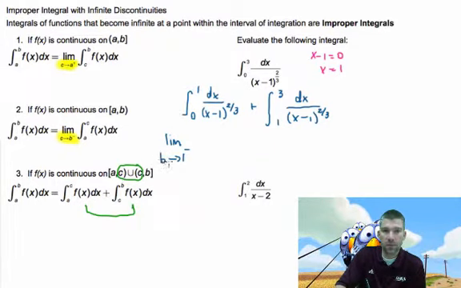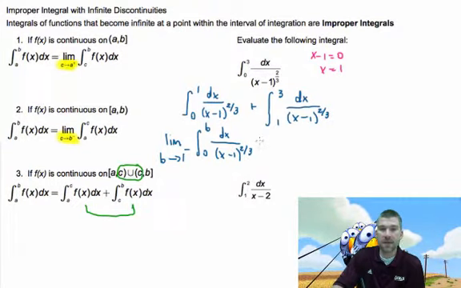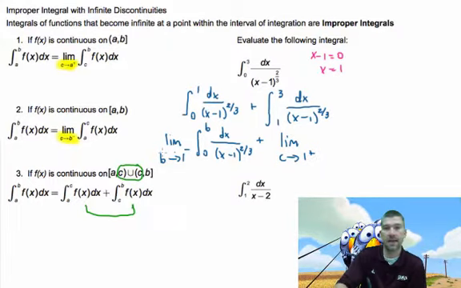So as b approaches 1 from the left, we look at our integral from 0 to b of dx over x minus 1 to the 2/3. On the flip side, over here, we would have the limit as c approaches 1 from the right, because now we're on the other side of that, of the integral from c to 3 of the same thing.